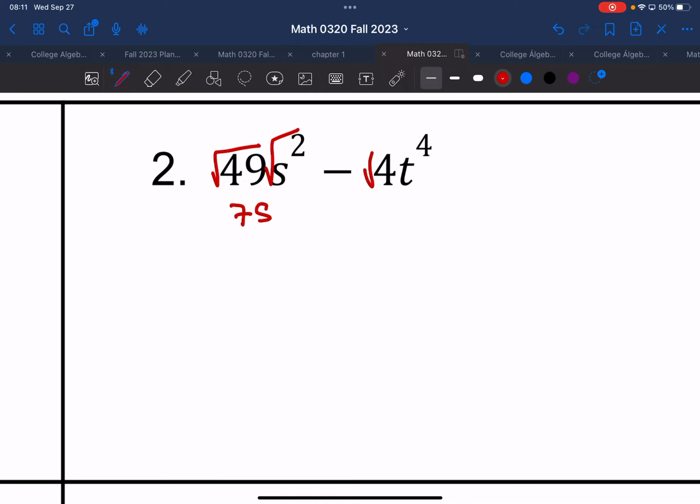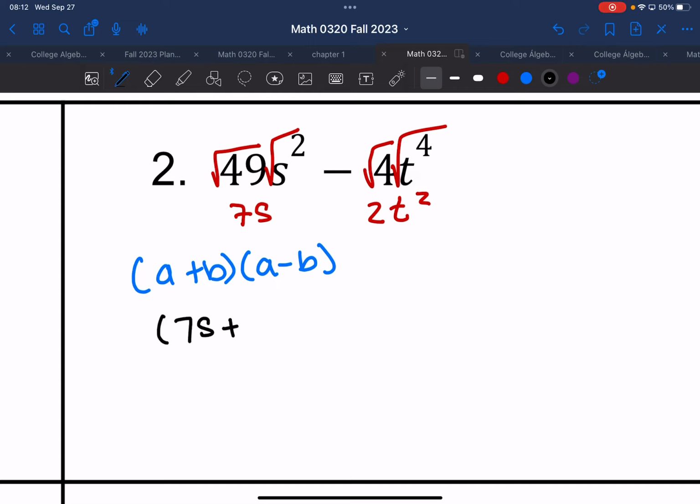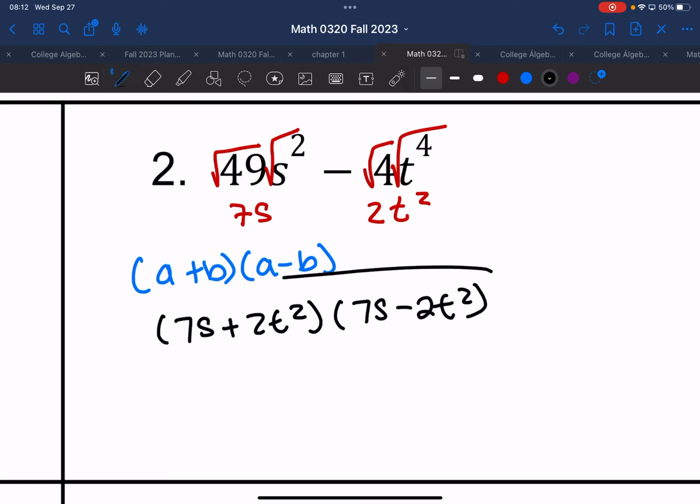Can we take the square root of 4? 2. And what about the square root of t to the fourth? t squared. Okay. So following our formula of a plus b, a minus b, we're going to take the answers that we got once we took the square root, and we have 7s plus 2t squared and 7s minus 2t squared, and that's our answer.